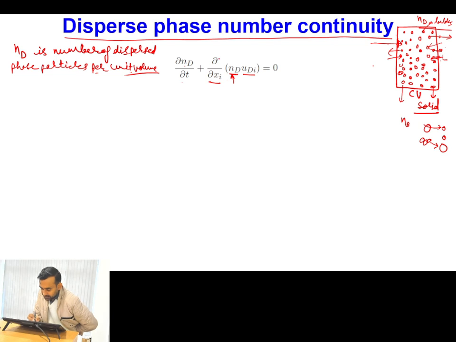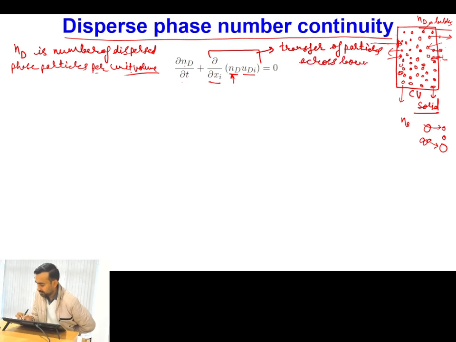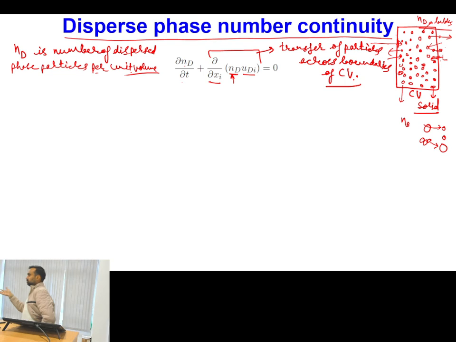So this second term represents the transfer of particles across the boundaries of the control volume. Say this is a room.